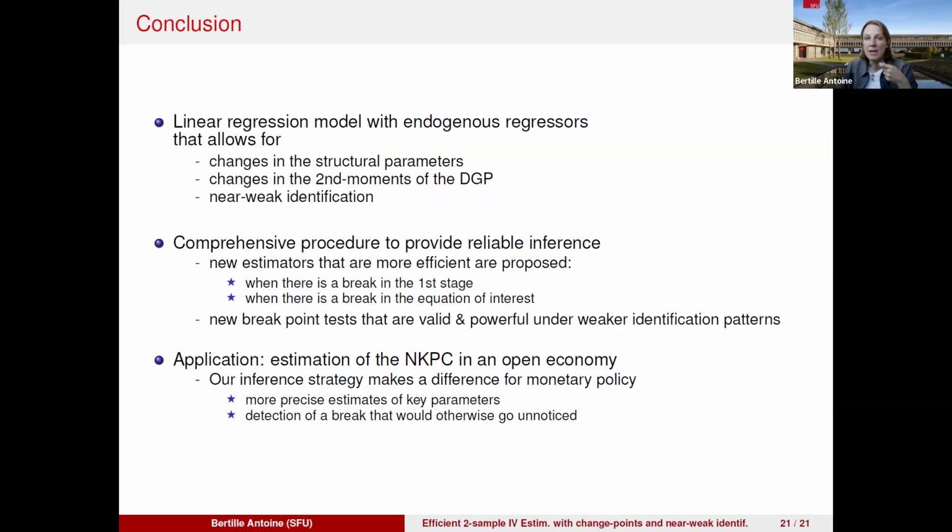What we provide is a comprehensive procedure to detect reliably changes in the parameters of the reduced form and changes in the parameters of the structural equation, and to provide you with new estimators that are more efficient. As a shortcut, the efficiency gains are coming from exploiting additional information in the form of stability restrictions.